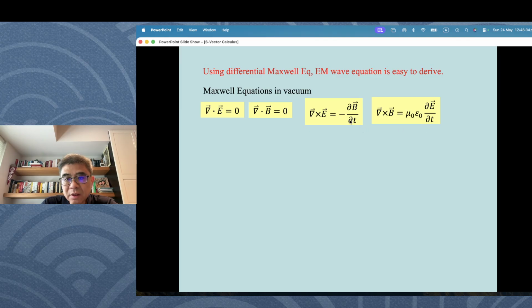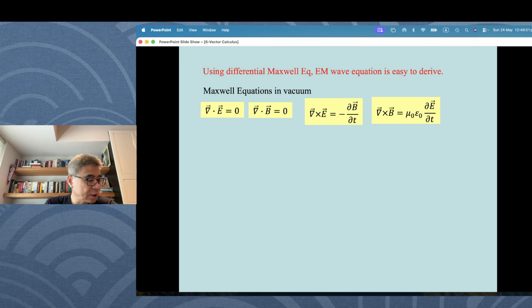But this indicates that the changing of the magnetic field and the changing of the electric field could act almost like a source of the electromagnetic field. As I mentioned in my second section, these two terms are very important because they could act as a source in vacuum.